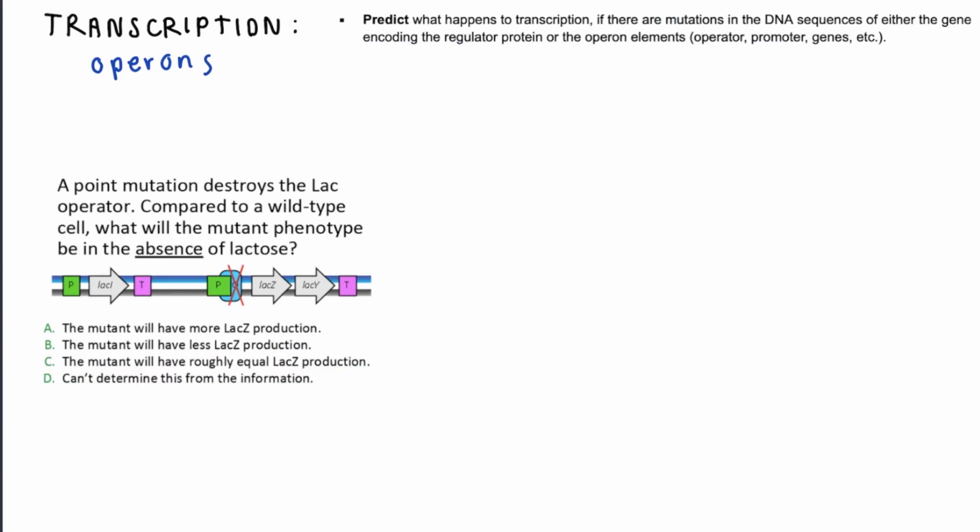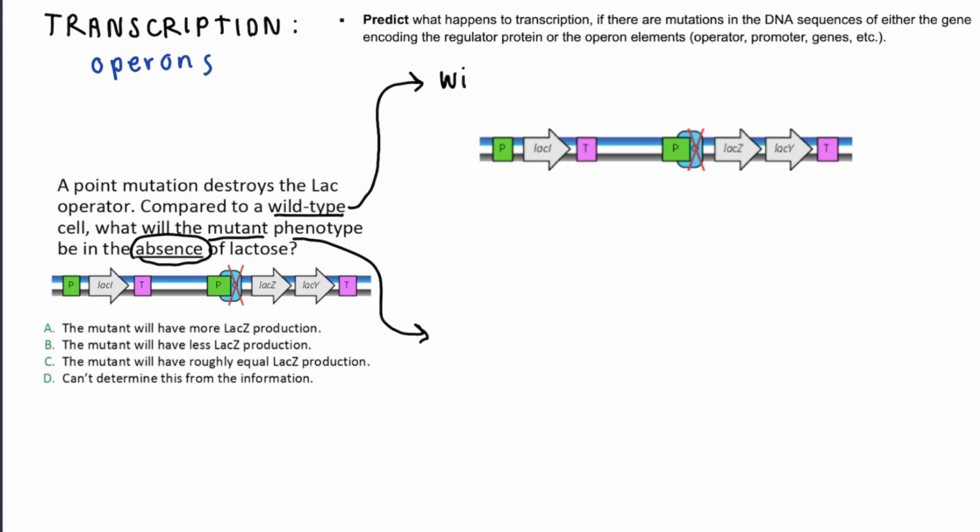This next question has the exact same scenario, only that in this case, there is no lactose. So the wild type cell will have an operator, and as we said before, in negatively regulated genes, the repressor is bound to the operator in a normal cell where there is no nutrient.